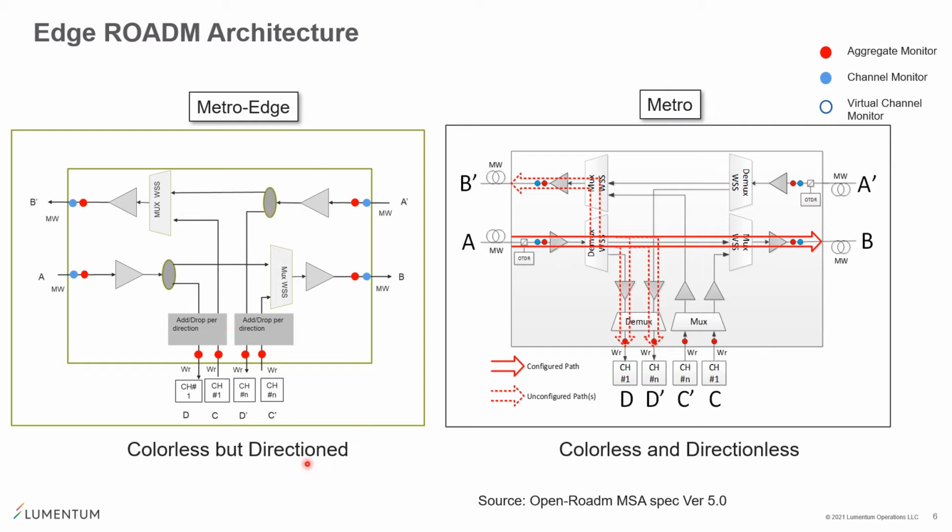And at the same time, on the add drop side, you could see that it supports colorless, but each wavelength path is routed to a given direction. So it's colorless and directional. Whereas in the case of the OpenROADM Metro, which has to support colorless and directionless, you could see there's an additional switching element here that allows each and every wavelength path to take either direction to provide you both the colorless and the directionless aspect of it.